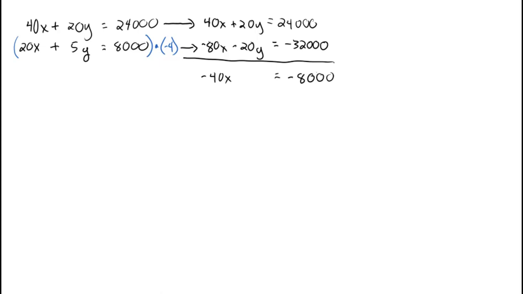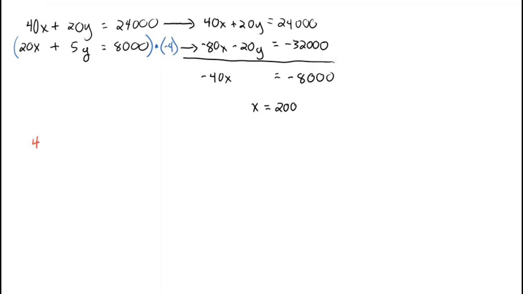To solve that, I'm going to divide both sides by my negative 40, and that gives me x equal to 200. So that gives me the x value of the ordered pair that I'm interested in. And now what I'm going to do is take that x value and substitute it into the x in the first equation. You can substitute it into either equation. I'm just going to do the first equation because I want to.